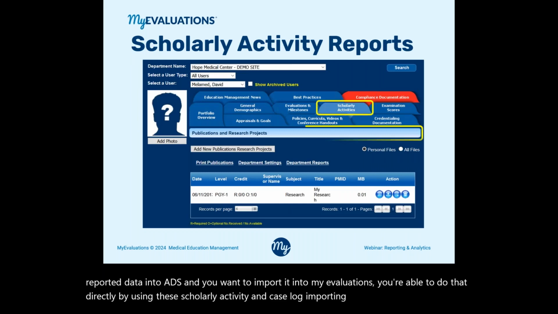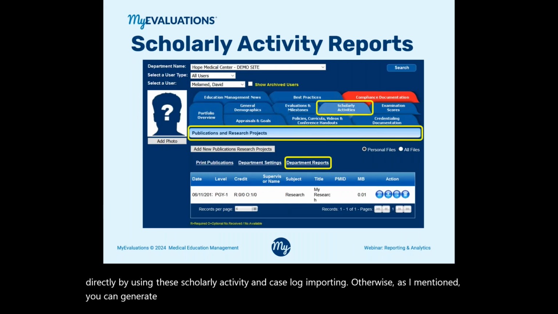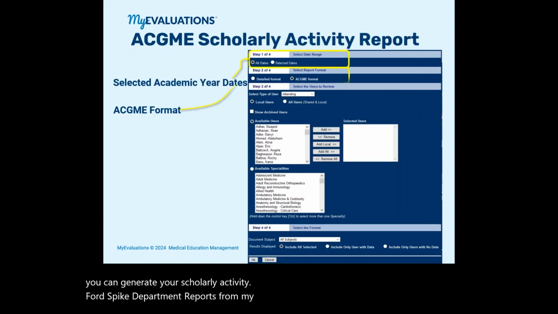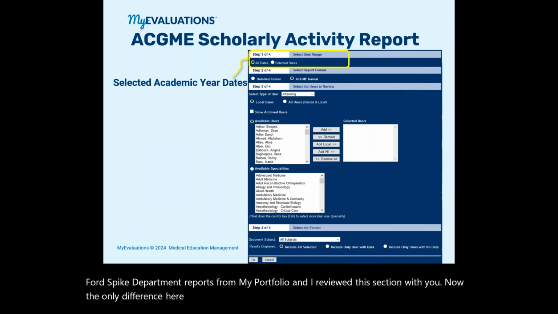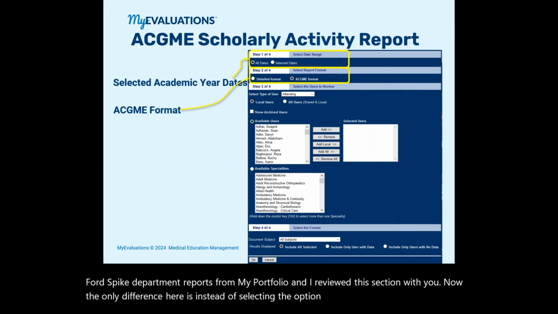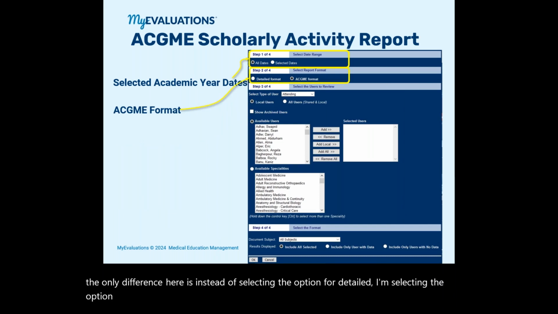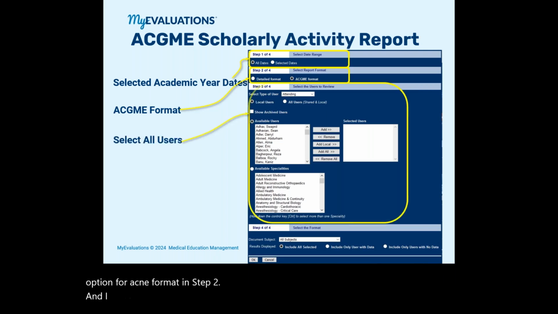Otherwise, as I mentioned, you can generate your scholarly activity reports by department reports from My Portfolio, and I reviewed this section with you. Now, the only difference here is instead of selecting the option for detailed, I'm selecting the option for ACGME format in step 2. And I still select all my users.